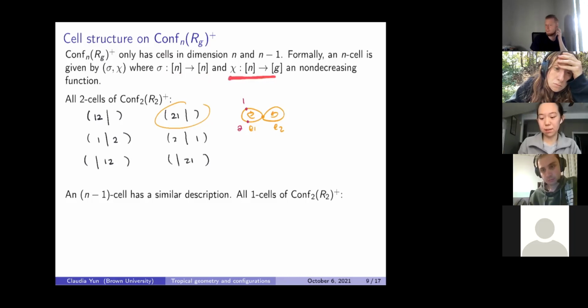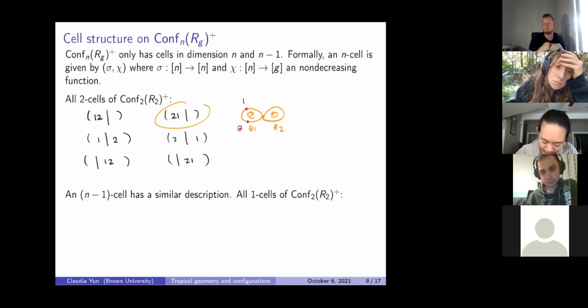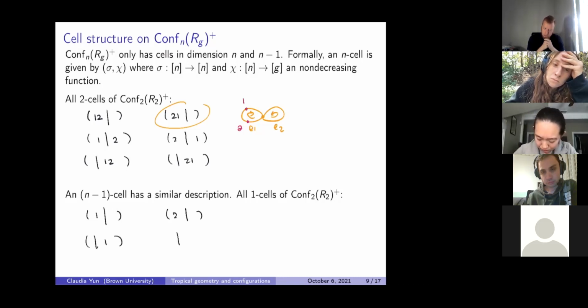And we're going to have a similar step function that tells us how many points per arc. And so all the 1-cells of Conf_2(R^2) are going to be 1 bar, so this is when 2 is at the central vertex, or 2 bar, and bar 1, and bar 2.